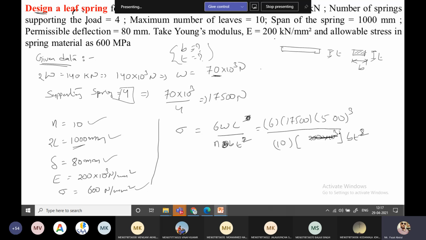Now tell me the value. The stress value is given in the question as 600. Substitute 600 and all the values here. Tell me the BT square value.